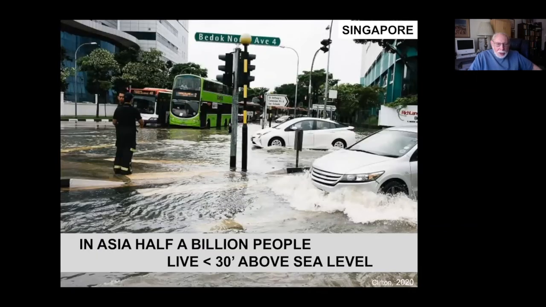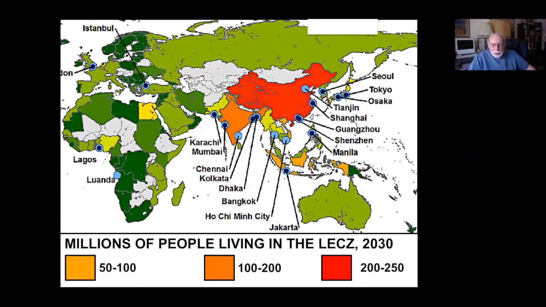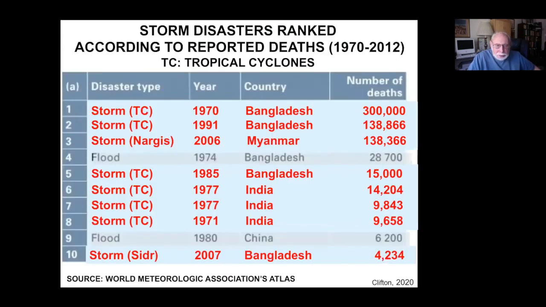And Asia is where the brunt of the problem is going to, I think, really hit, because there are about 500 million people that live less than 30 feet above sea level. This is called the low elevation coastal zone, the LECZ, and the number of people who live in that zone by country is phenomenal, well more than the population of the United States.